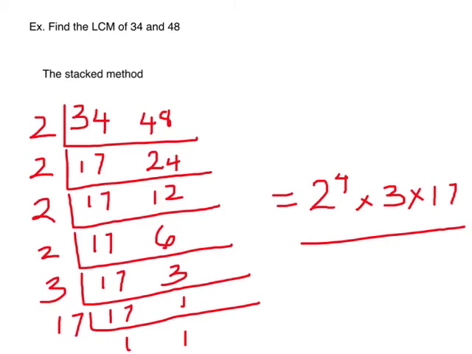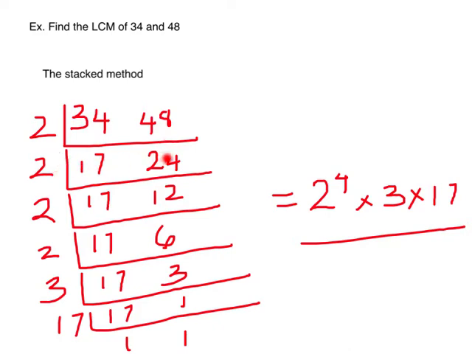Using the stacked method, we have 34 and we have 48. We have to start with the lowest factor, 2. 2 goes into 34, we get 17, and into 48 we get 24. Again, we can divide further by 2.